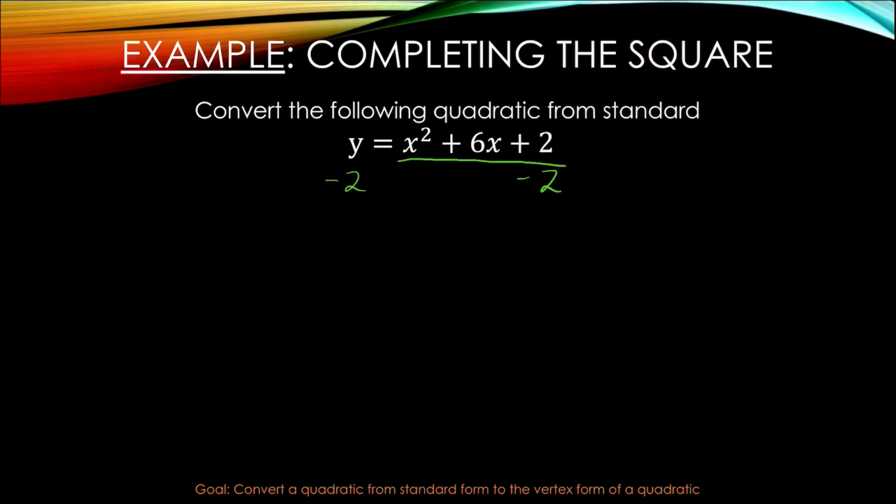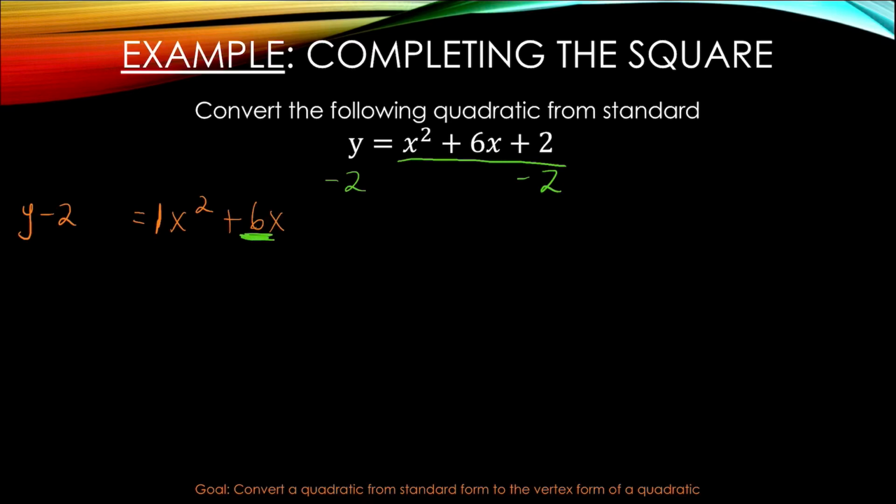What I get is y minus 2 equals x squared plus 6x. Now I'm going to divide through by my a value. Notice my a value is just a 1. It's that term in front of the x squared. Dividing by 1 doesn't change this at all.